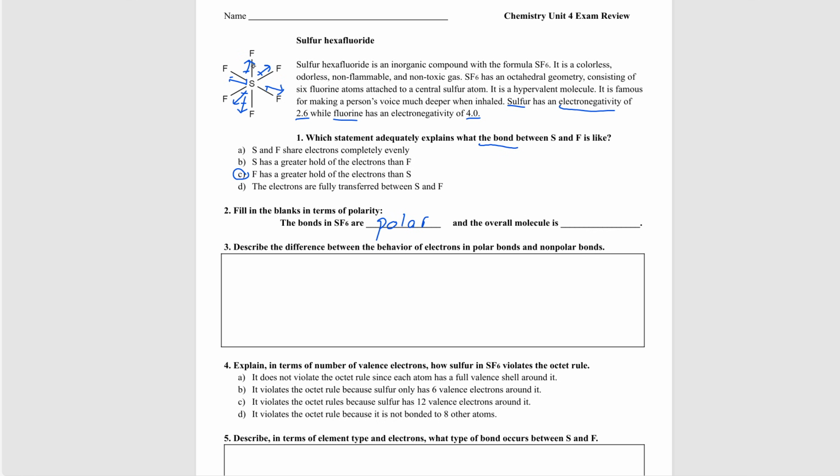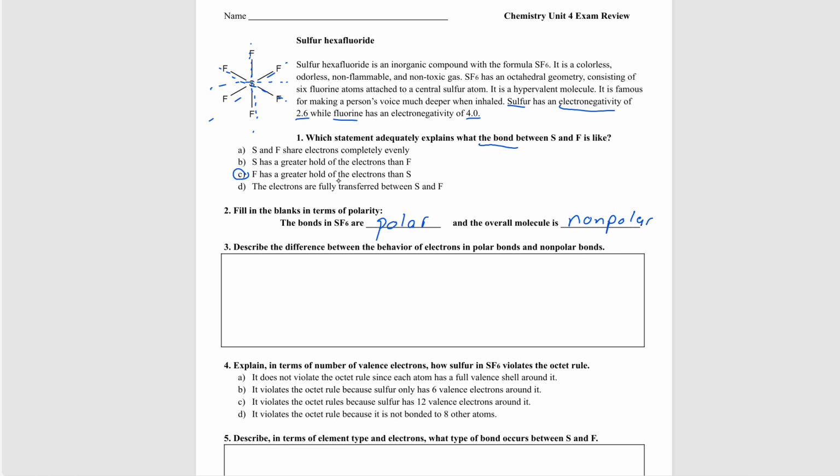But since all of these arrows have one to cancel them out, if we look at the molecule as a whole, it is completely symmetrical. You can fold it down this line, down that line, down that line, down that line, and it's even on both sides. The overall molecule is nonpolar.